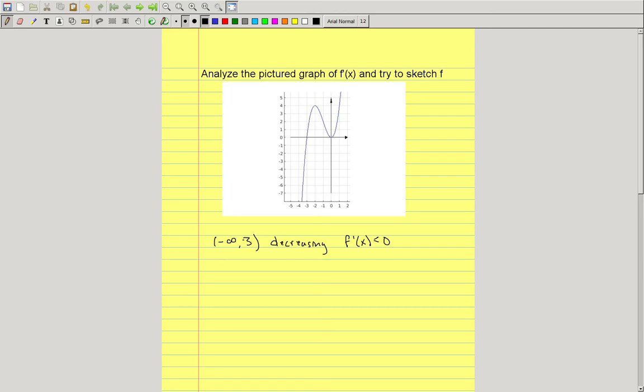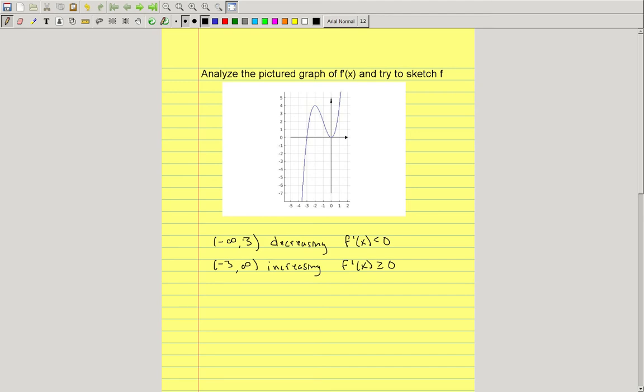Then, on the interval from negative 3 to positive infinity, we see that the derivative of our function f is always positive. So we see that the function is increasing.